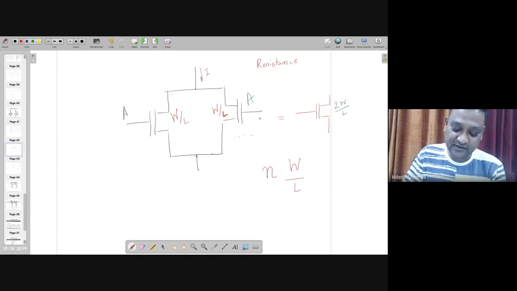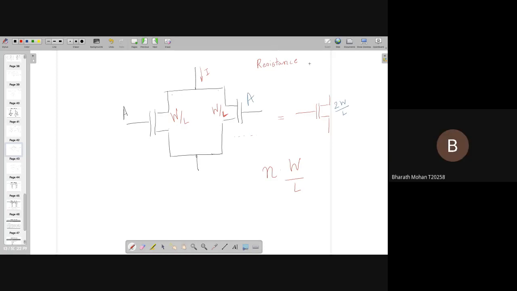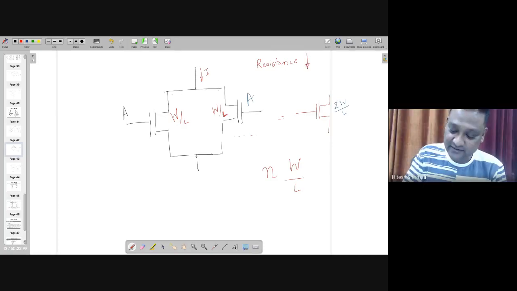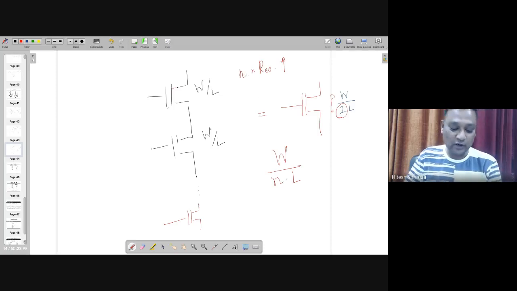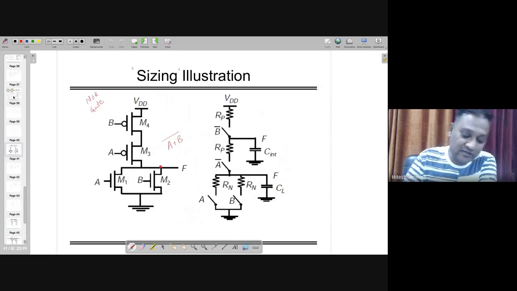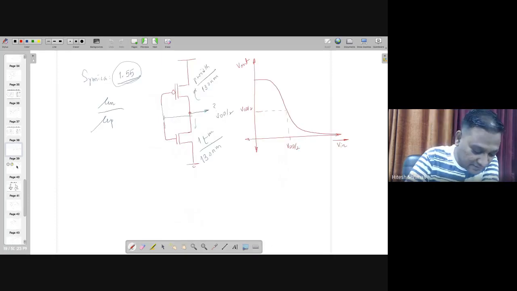It will decrease, right? And it will decrease by the value of N. And similarly, here it's the reverse of that. The resistance value is increasing by N. Okay, very nice. If you understand this, because this is the fact we are going to use to find out the sizing.